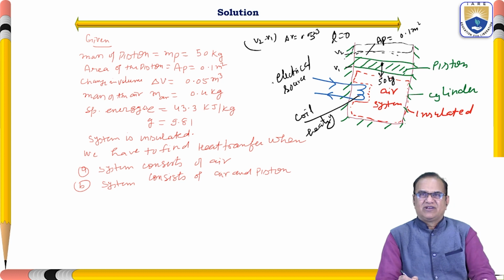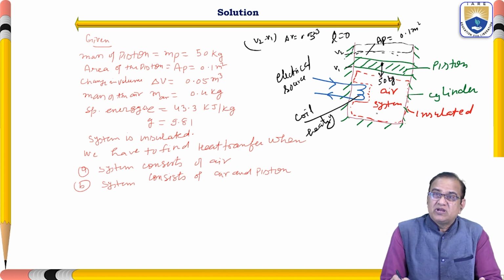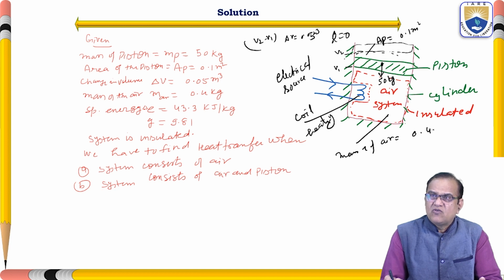This is given. Mass of air inside is 0.4 kg. The change in specific energy, small u, is equal to 43.3 kilojoule per kg.